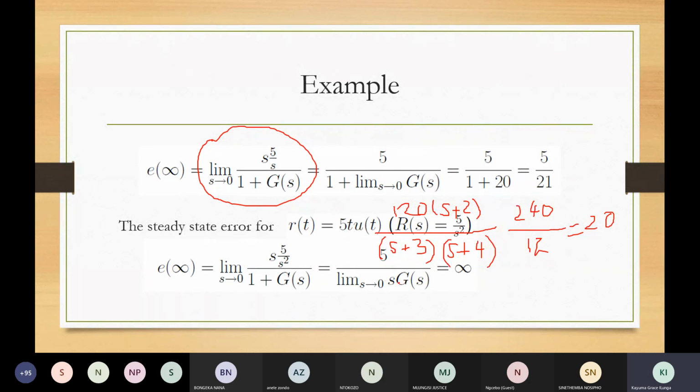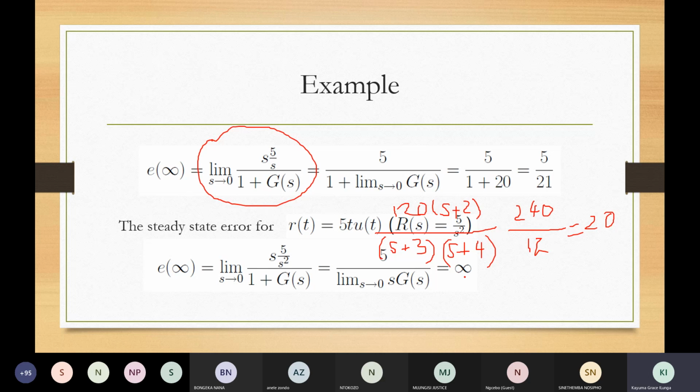So the limit will be equal to 0, and we'll have 5 over 0, which gives us infinity. So this is going to be the steady state error for the ramp function. Remember, we are in the case with no integrator.